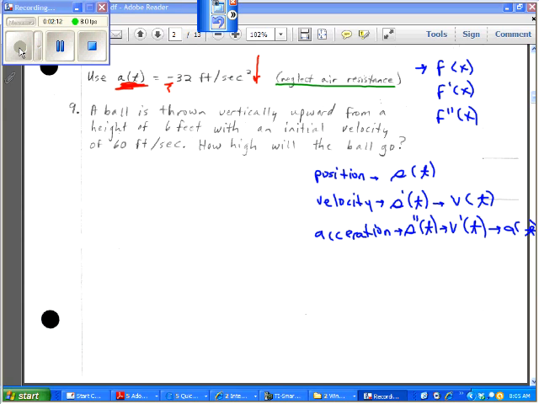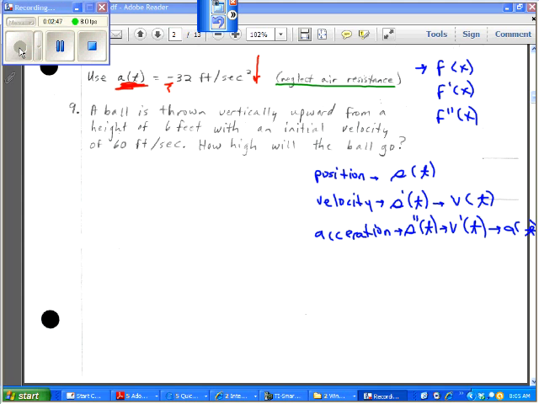So the position function is the original equation that tells you the distance above the ground that this particular object is going to be at any given time. And the velocity function is the derivative of the position function, which tells you the rate at which this object is traveling upward due to the force of thrust put upon it, or is thrown downward with some force.